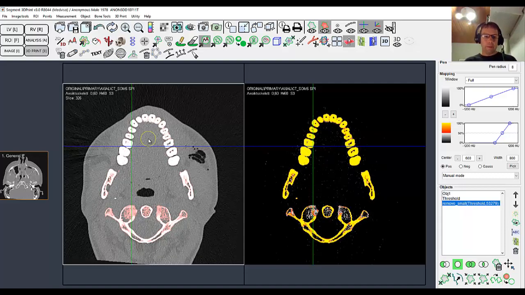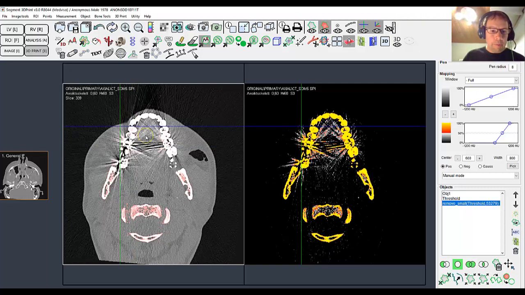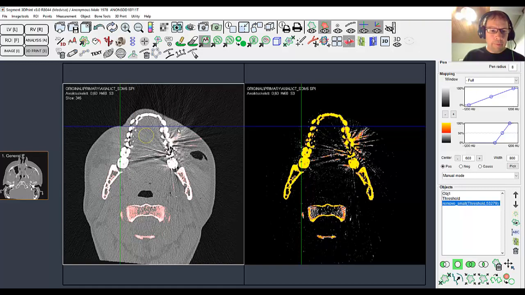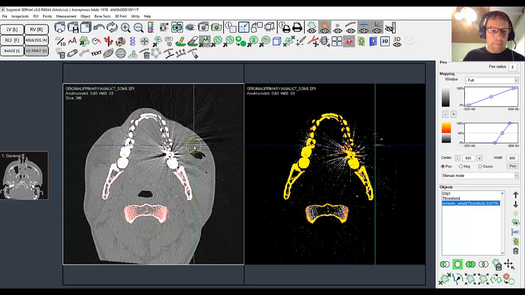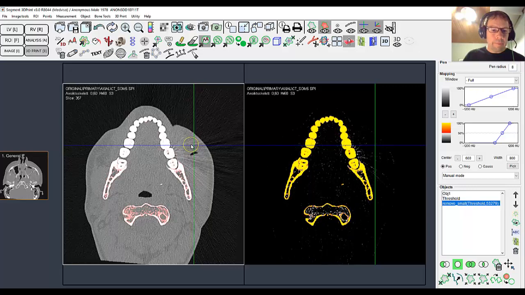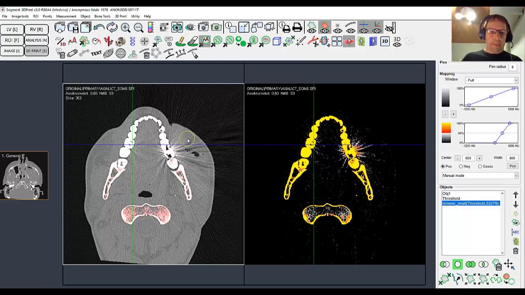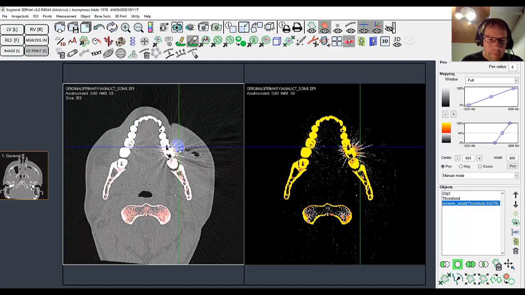Okay, that's one end. You can see it's not going to solve the problem entirely, but it will help a lot. Okay. So go back, and now I'll use the eraser to really work on this. Something like this.